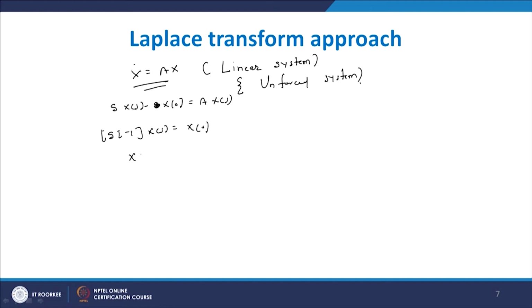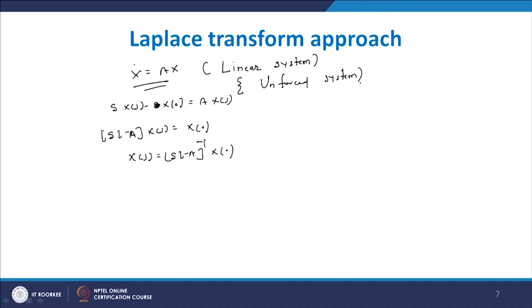So, X of s equals (sI minus A) inverse into x of 0. That is what we have done. We have taken the Laplace transform, s X of s minus x of 0 equals A multiplied by X of s. Now, this X of s and X of s we have taken to one side.